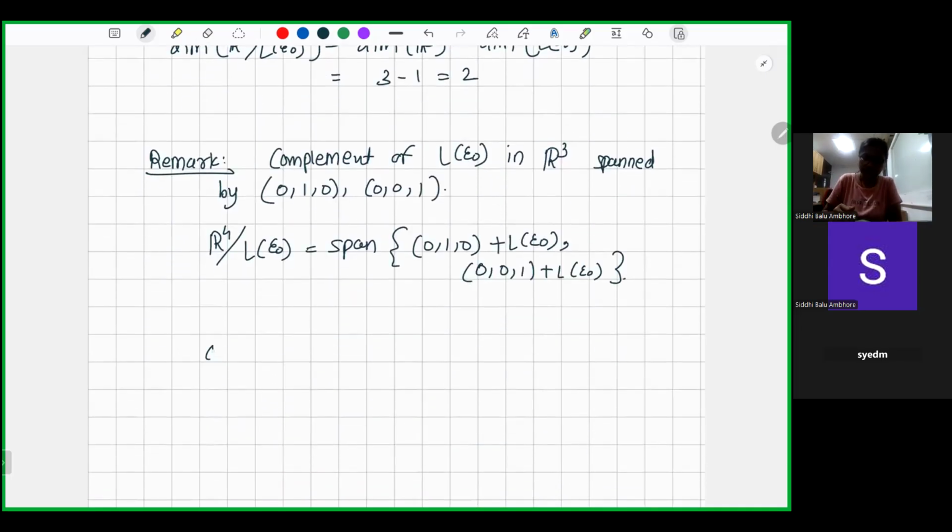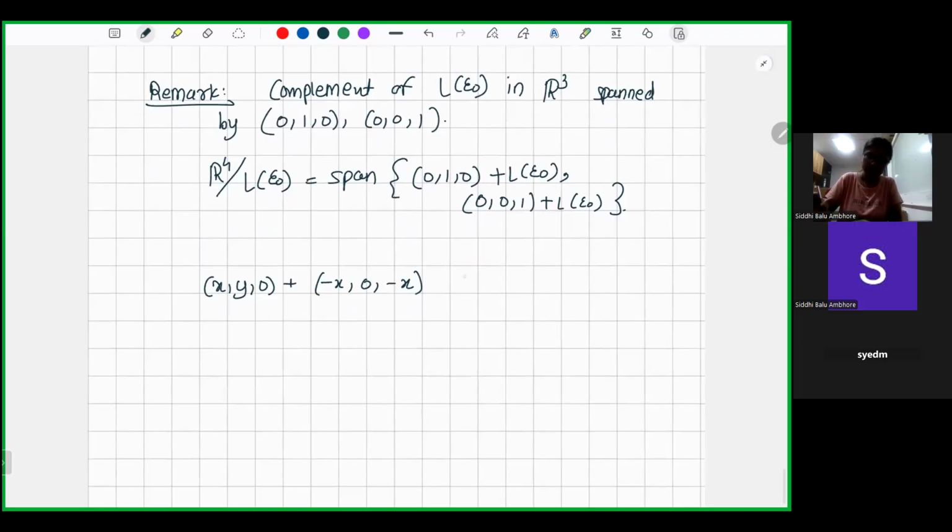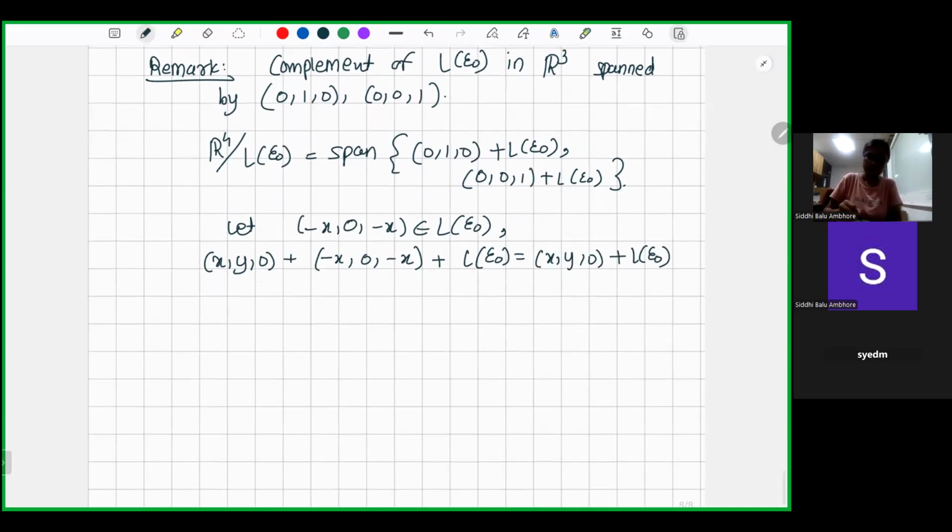I can take this element x, minus x, 0, minus x in L epsilon naught. So this will still be true, right? Because the subtraction, minus x, 0, minus x, belongs to L epsilon naught.